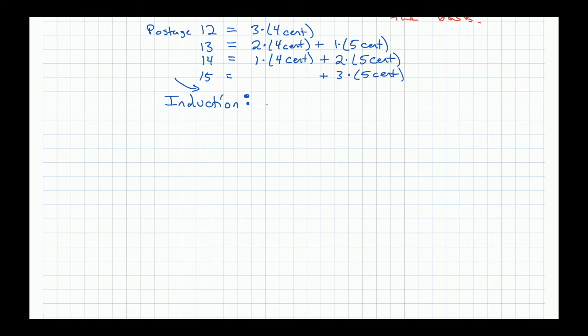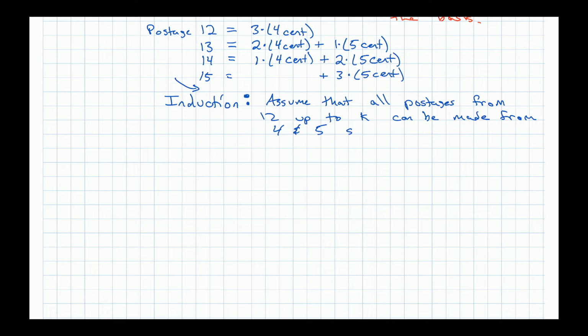So we assume that all values, or all postages, from 12, starting at 12, up to k can be made from 4 and 5 cent stamps.